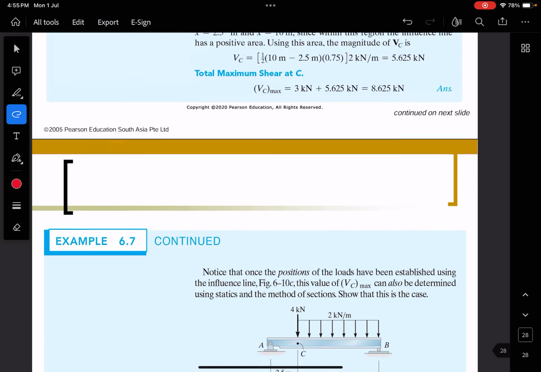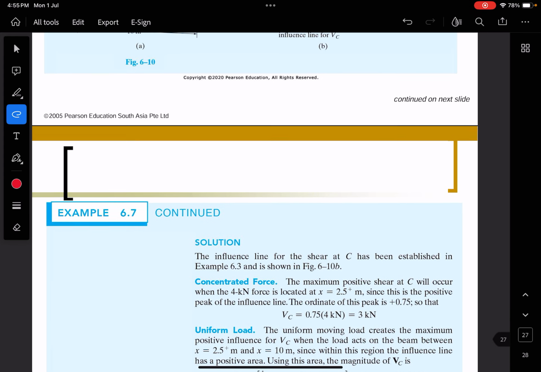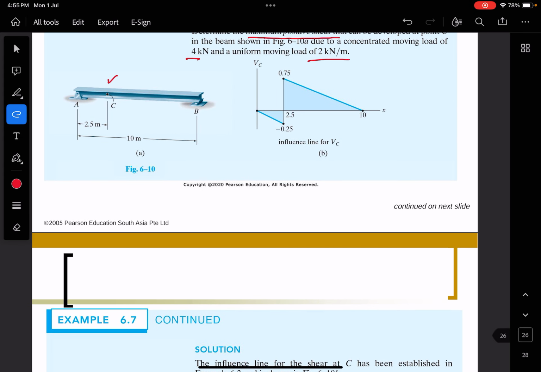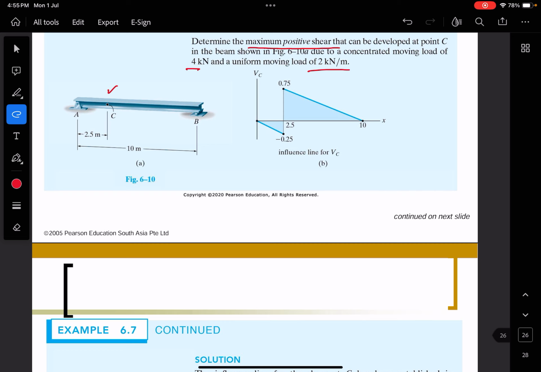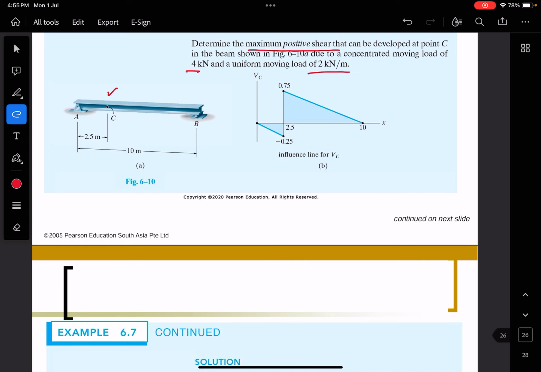So the influence line, okay, here. This is the influence line at C, the influence line for shear at C. So you can check example 6.3, page 241. Sorry.